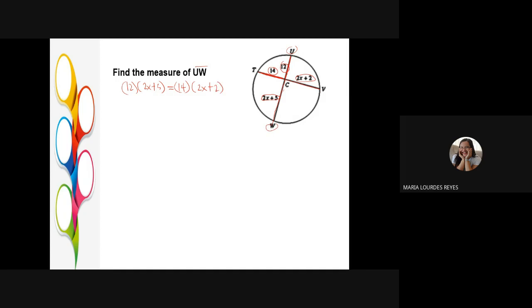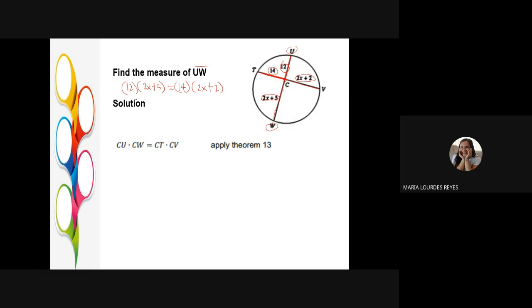So, if you multiply the left side, then multiply the right side, you just have to simplify it further in order for you to get x. So, let's see the solution. Okay, ito yung magiging solution natin. Basically, pwede nating isulat dyan that CU, remember their point of intersection is C, CU multiplied by CW is equal to CT multiplied by CV.